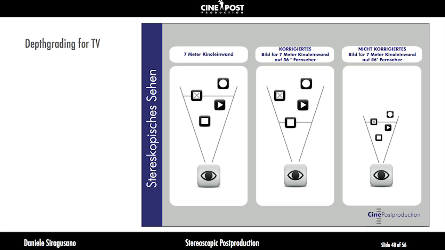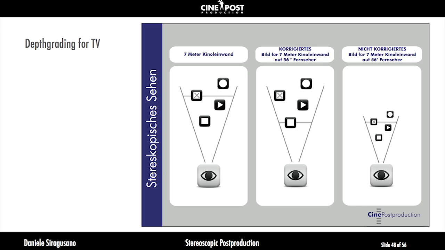You would also get those two in front of the screen, but you would have scaled the whole scene down, and everything would look a little bit miniaturized. So what we do is we change the absolute parallax, the absolute position of everything, just by horizontal image translation.